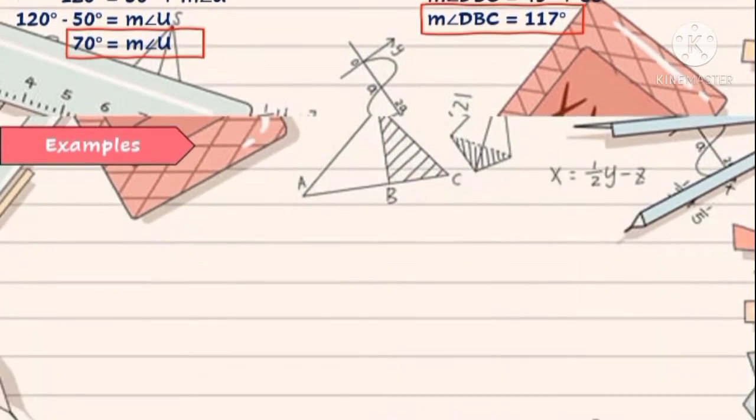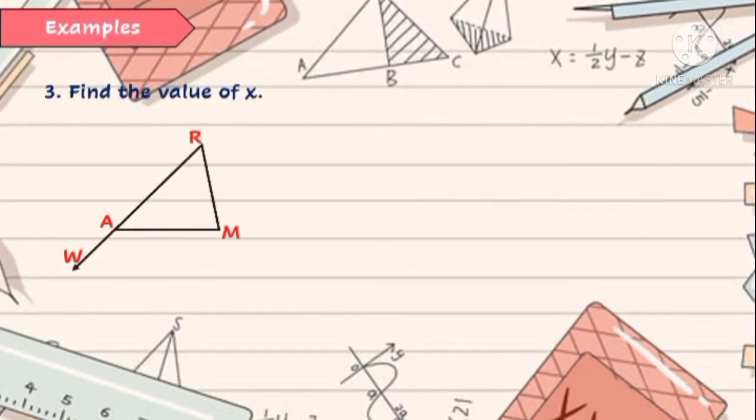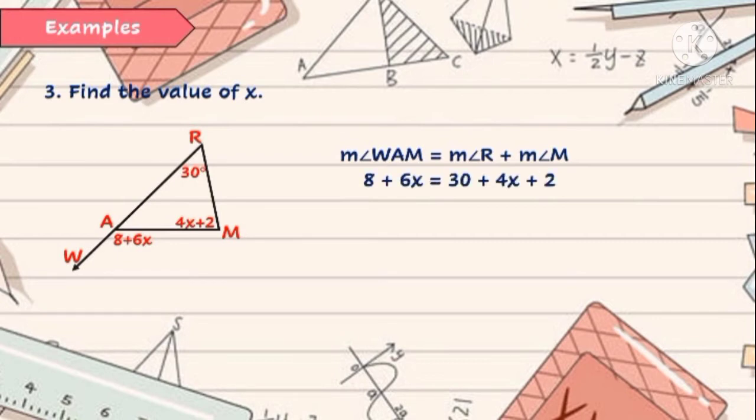Number 3. Find the value of x in this given figure. And in this given figure, the exterior angle is angle WAM, which is equal to its remote interior angles R and M. By substitution property of equality, replace angle WAM to 8 plus 6x, angle R is 30, and angle M is 4x plus 2.